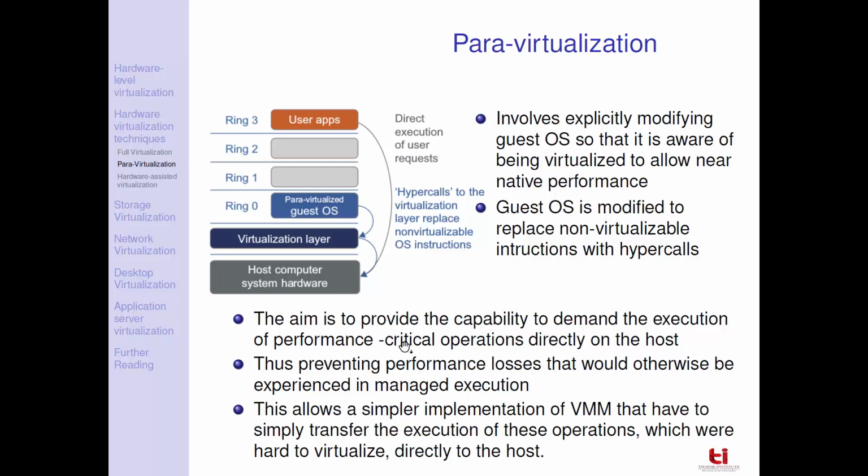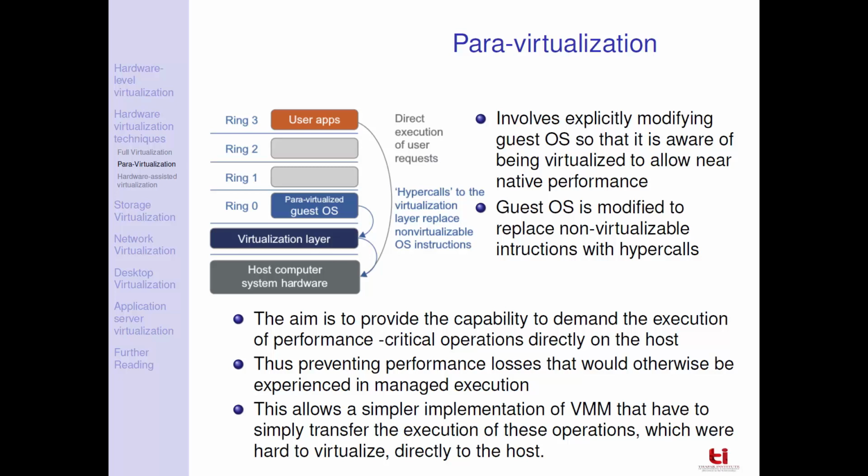The next type of virtualization technique is para-virtualization. Para-virtualization involves explicitly modifying the guest operating system so that it is aware of being virtualized, to allow near native performance. In this, the guest operating system is modified to replace non-virtualizable instructions with hypercalls.